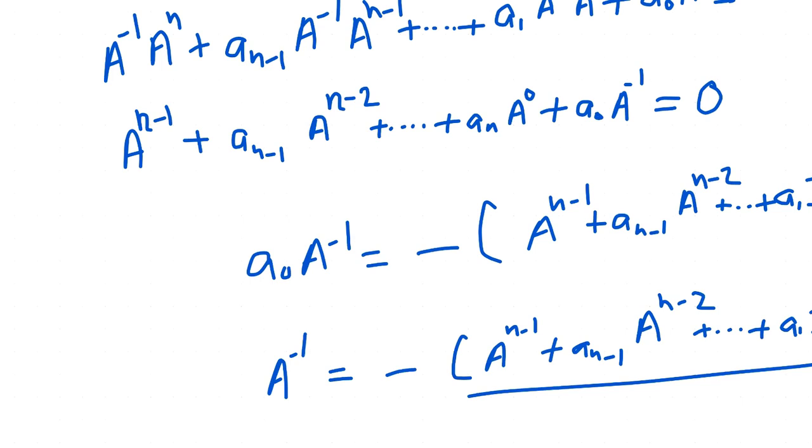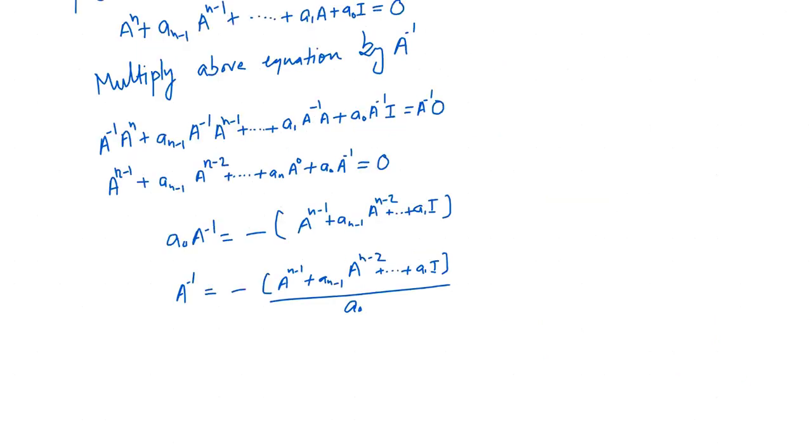This is the formula to find A inverse by using Cayley-Hamilton theorem. So main formulas we have: this is to find A inverse, and this is the main formula of Cayley-Hamilton theorem.